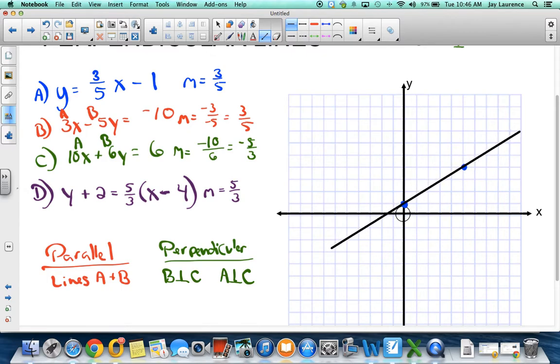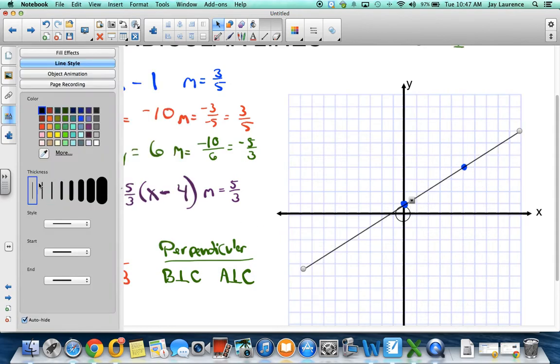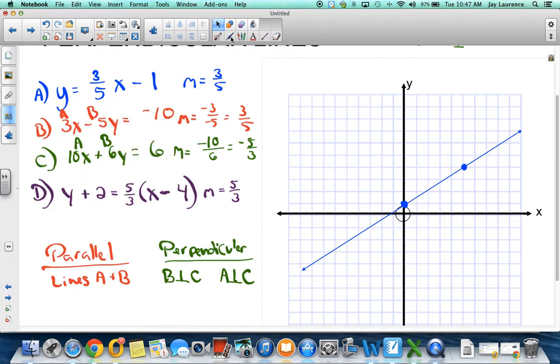So it's going to look something like this. I'm going to make him a little bit thinner because I think they look more accurate when they're thin and less bulky. All right. And we need some arrowheads on there, right? There's one, and there's one. And we want him to be blue. Oh, there we go. All right, now I need a red one.